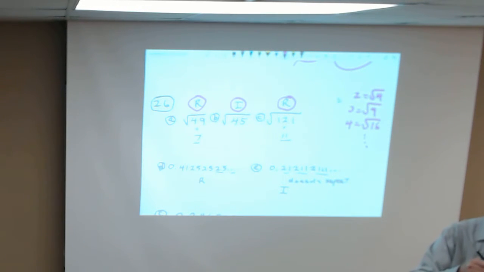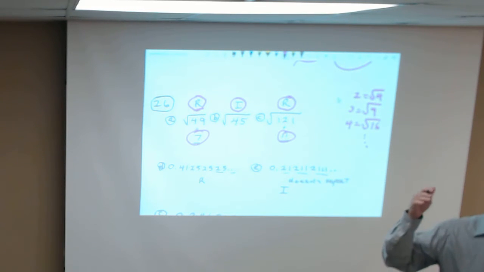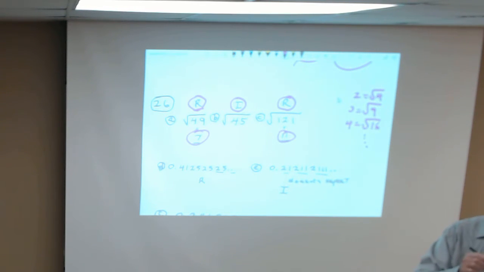You might want to make a chart and bring it with you, because when I look at this, I just automatically see it. What's the square root of 49? 7. That's why it's rational. What's the square root of 121? 11. Now I see that. Do you see that? If you don't have those perfect squares floating around in your head somewhere, write them on a sheet of paper and bring them with you.